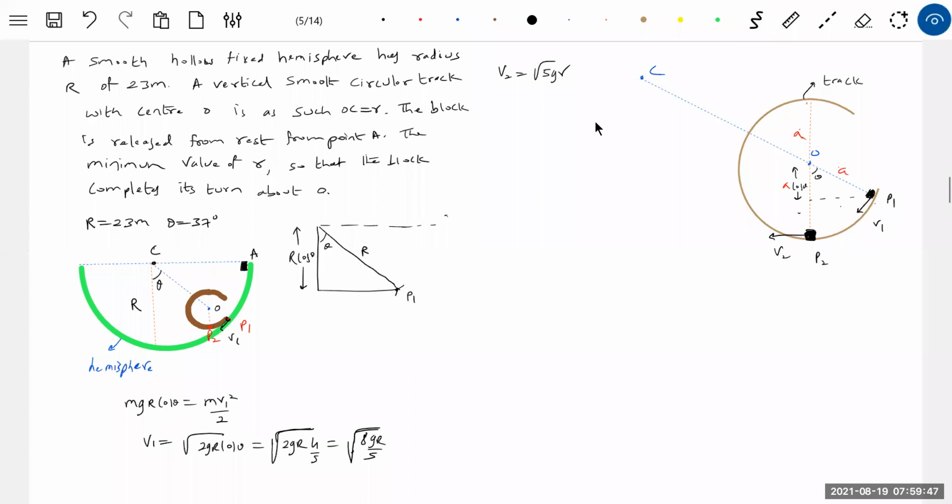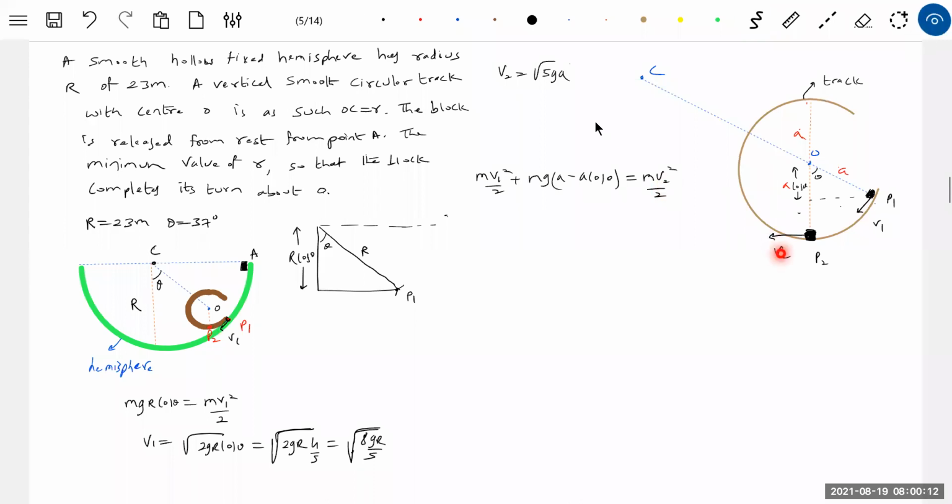Now we'll apply conservation of mechanical energy between these two. Then it will be m v1 square by 2 plus mg (a minus a cos theta) equal to m v2 square by 2. Now we know v2 is root 5ga.